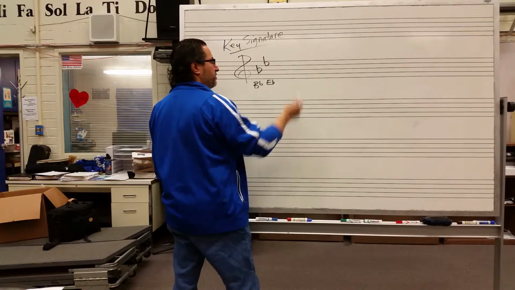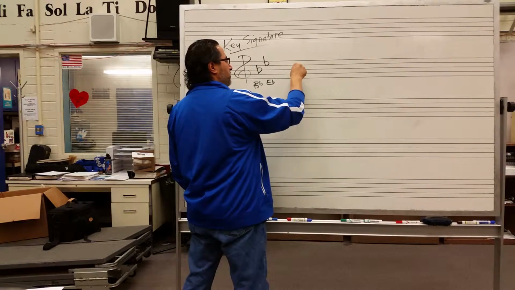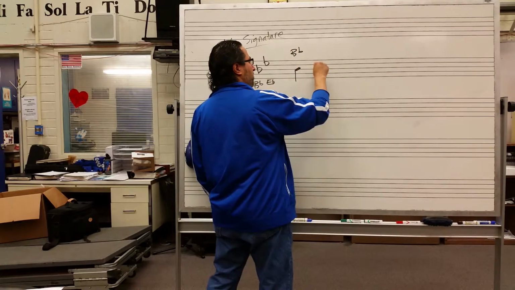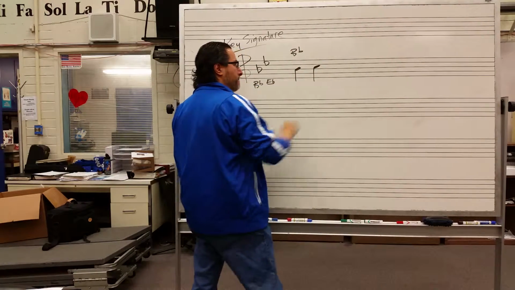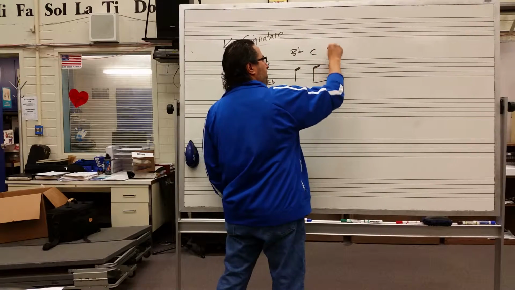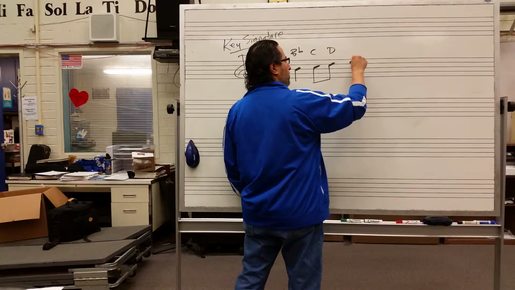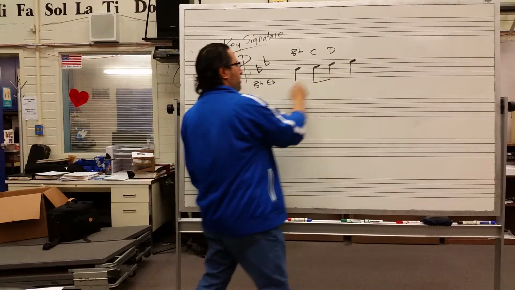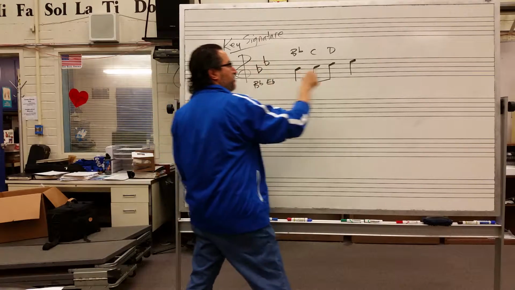So name these notes for me. What is this note? There's our B flat. Just name with me. C and D. What's this note? E flat. E flat because it's in the key signature, right?